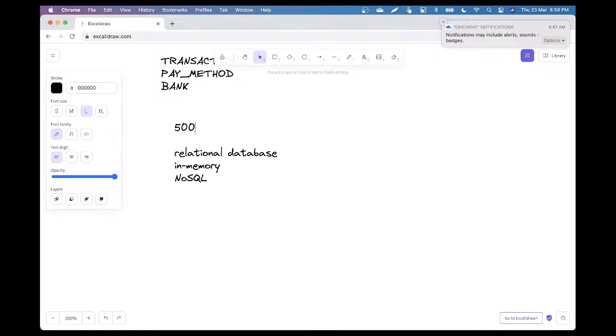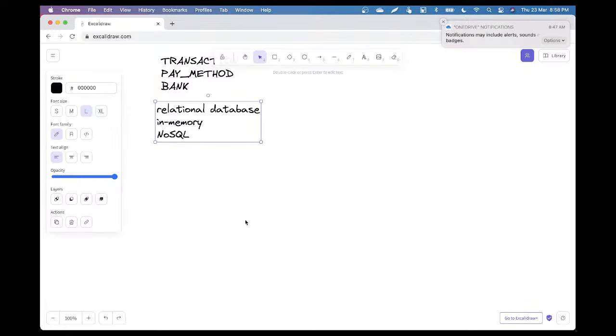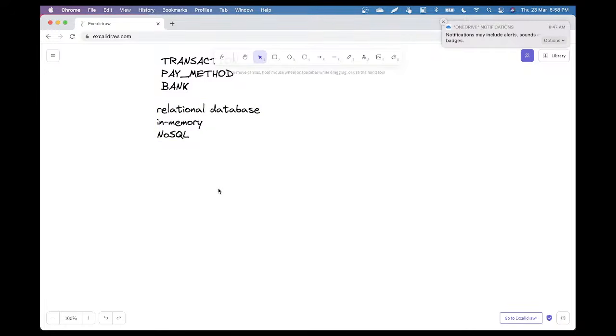RDBMS databases. Right. And the other point is you need transactions to be maintained. So apart from your user information, your transactions, your reconciliation reports, all these have to be two-phase commit databases.